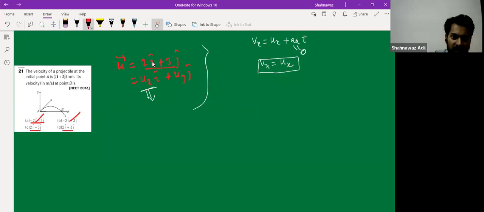So this can be true because your final velocity can be the same as the initial velocity, right? These are vectors. So this will be true. Any doubt about this question? No, sir. Okay.